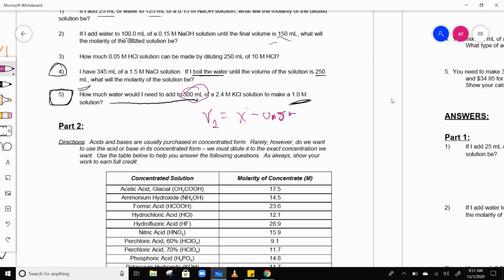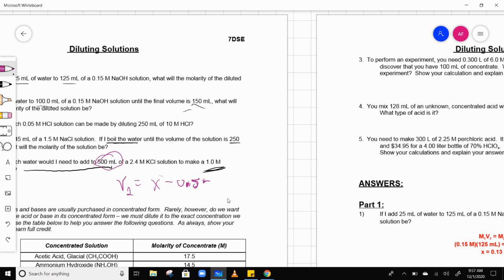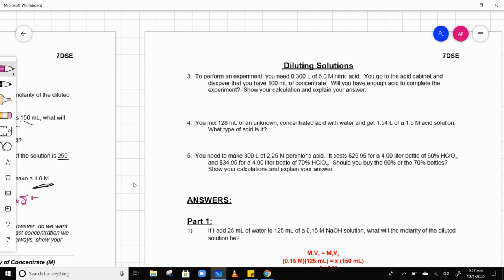I do have the answers along with some of the work provided. So give those a shot. Try the best you can. Number 5 is very tricky. It's hard, so do the best you can with that.